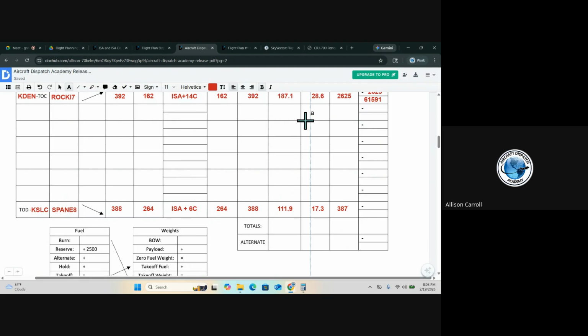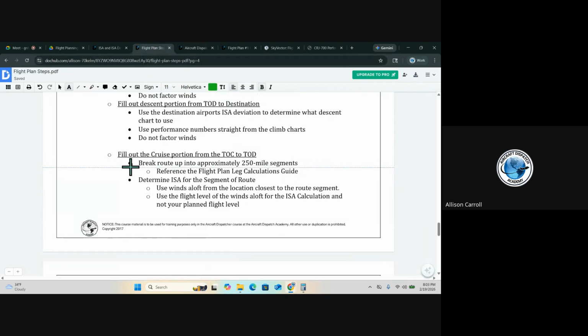Okay, so that's what this is referring to when it says break route up into approximately 250 mile segments. We're not going to see this on this flight plan, because it's just Denver to Salt Lake, but you will see this on your next flight plan. Your flight plan 2 is a longer route, and so you will see us break up the cruise portion into smaller segments. Okay.